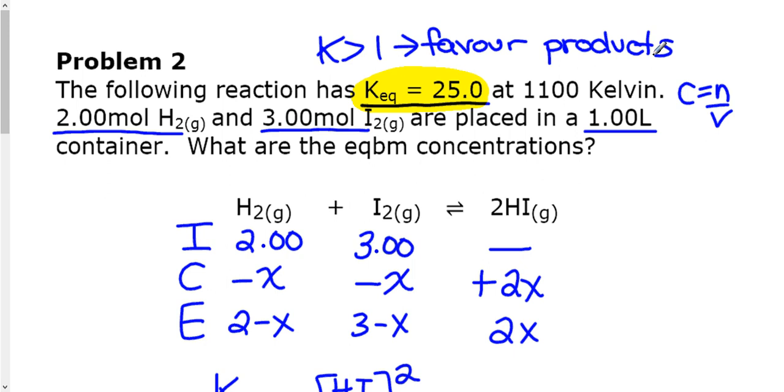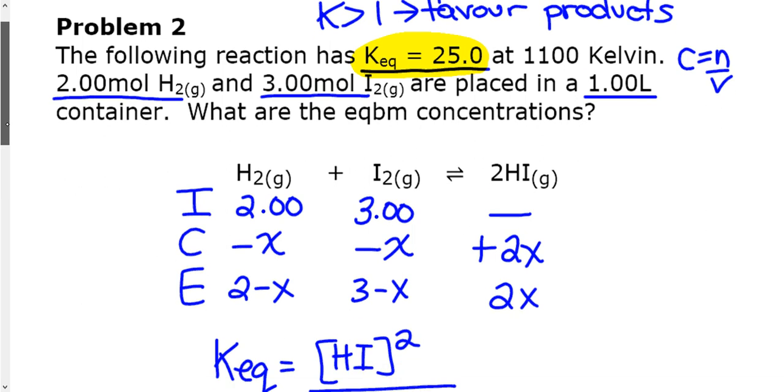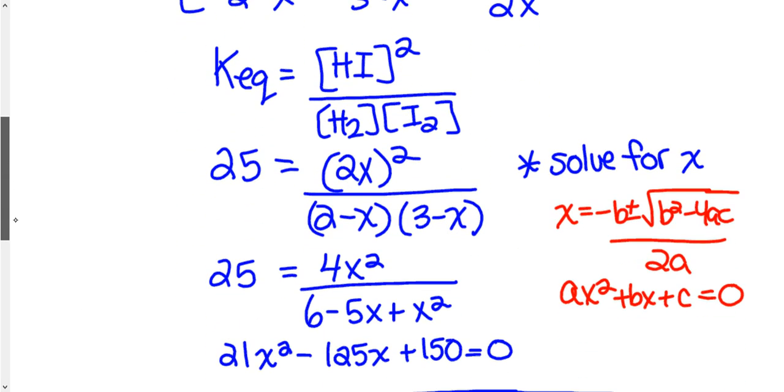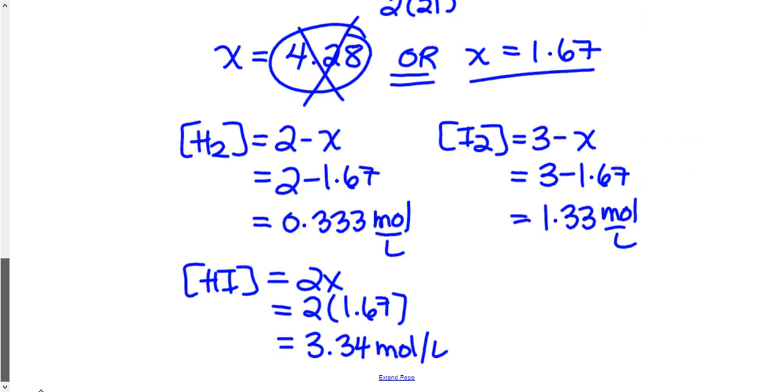So when we look at our actual calculations, that means that our products are going to have a higher concentration than our reactants. So let's scroll back down to the problem that we just solved. Hydrogen and iodine have lower concentrations than our product, which is the hydrogen iodide. 3.34 is greater than the other two concentrations.